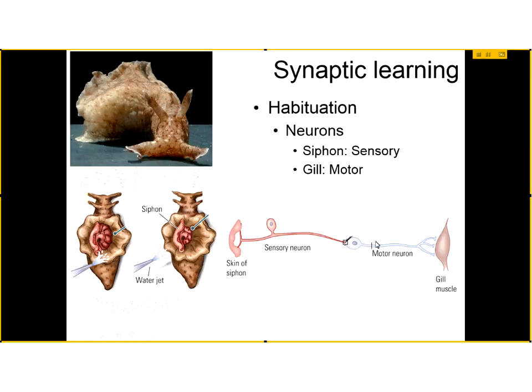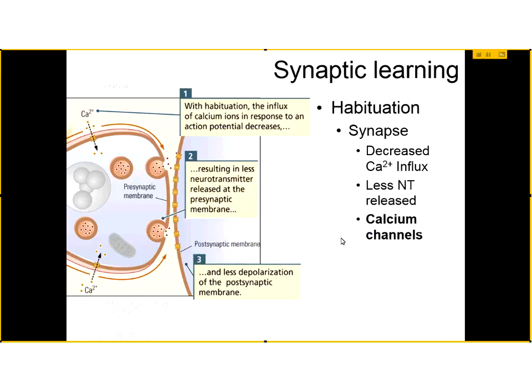So the sensory neuron synapses on a motor neuron, and what we want to do is look at aplysia that have never had this habituation kind of experience with the water activating the siphon versus aplysia that have had this habituation process, and to see, are there any differences occurring right here at the synapse? And this figure comes right from your textbook, and what you see is there are changes that occur.